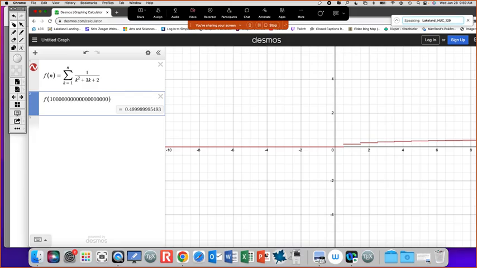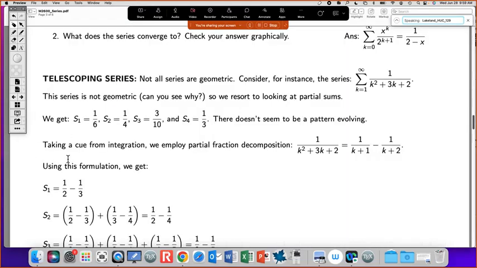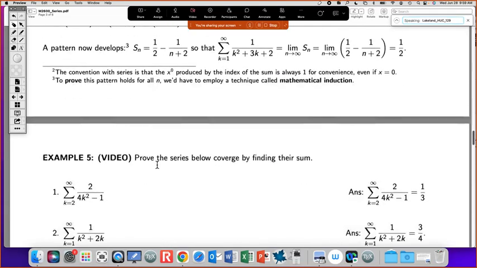If you go far enough, sometimes it breaks. I think it broke. Look, it's stuck. Anyway, we only use technology to confirm, to guess, right? We proved it actually goes to a half, right there.